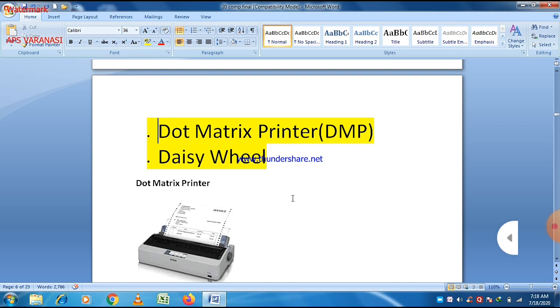They generate the result on paper in the form of dots. So every character is made of tiny dots. So they are called dot matrix printers.